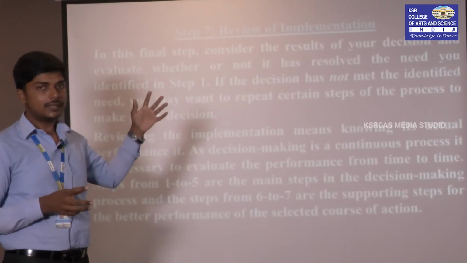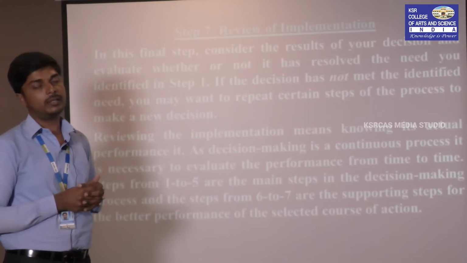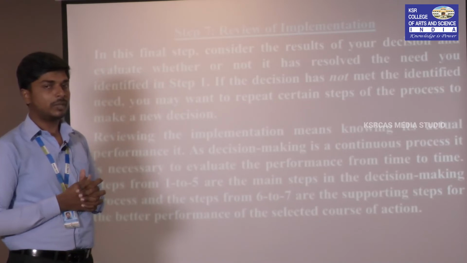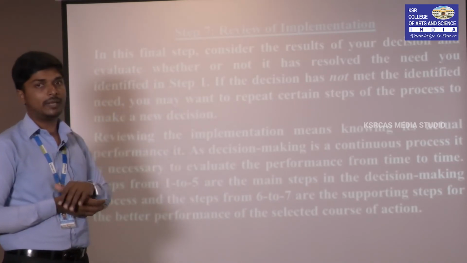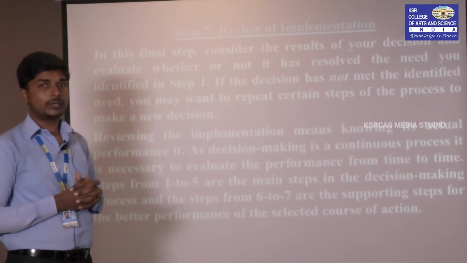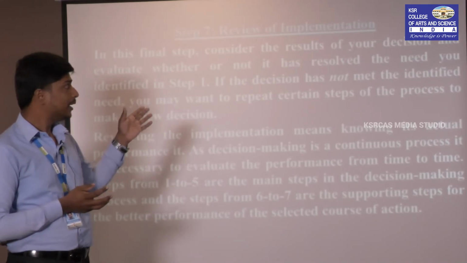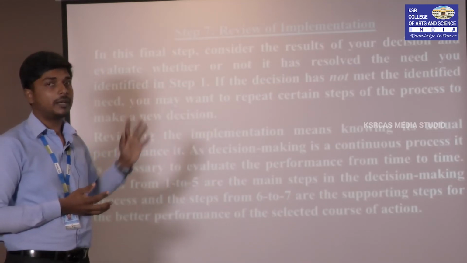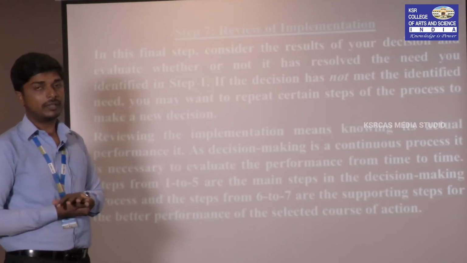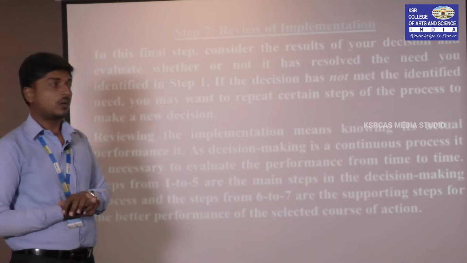This is the final step of the decision making process: review of implementation. Review means we are collecting feedback on whether it has suited or not. After implementing the decision, we review whether the problem is solved or not.